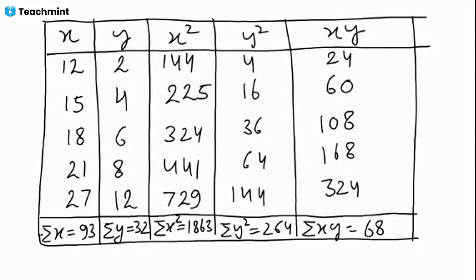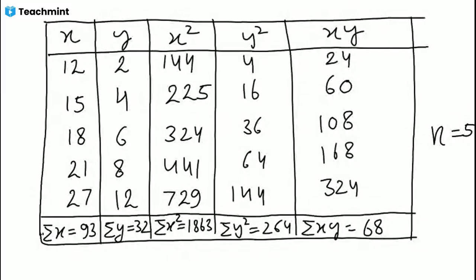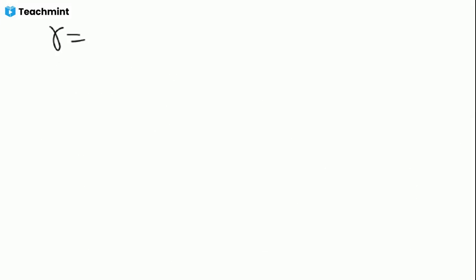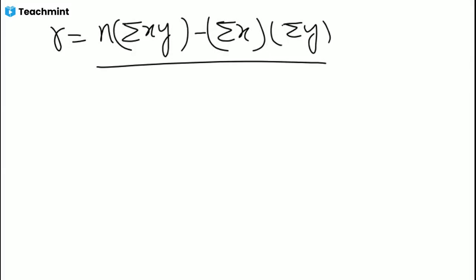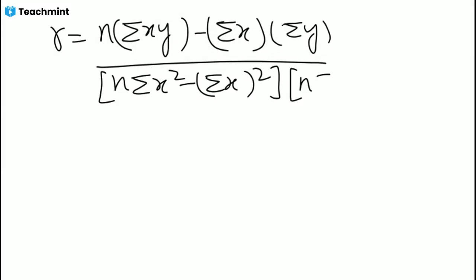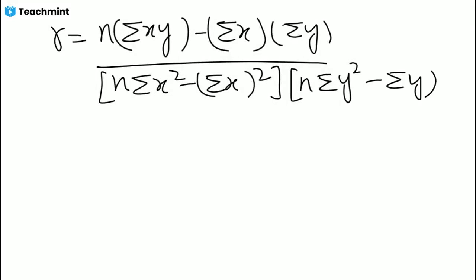So the correlation coefficient r is equal to n into summation x into y minus summation x into summation y, over the square root of n into summation x square minus summation x whole square, into n into summation y square minus summation y whole square.